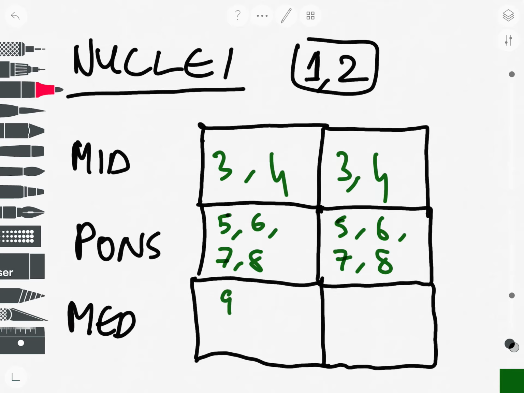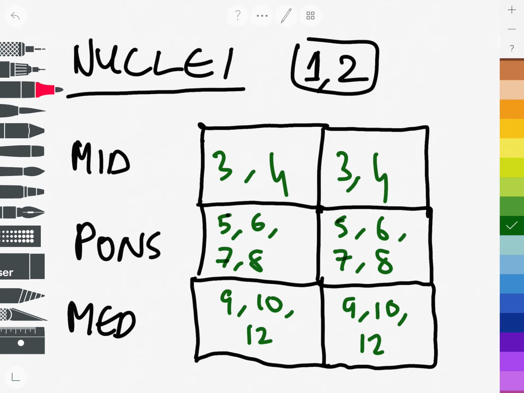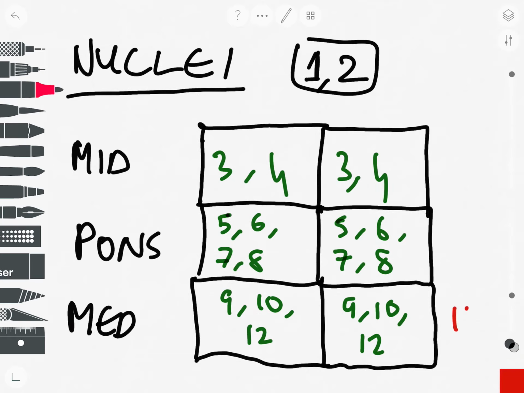But the thing about the medulla is you have 9 and 10 and 12. 11 is not quite within the medulla, but you can find it on the portion of the spinal cord outside it. So these are basically how the nuclei are sorted, and it helps to know them this way. This is how I remember them.